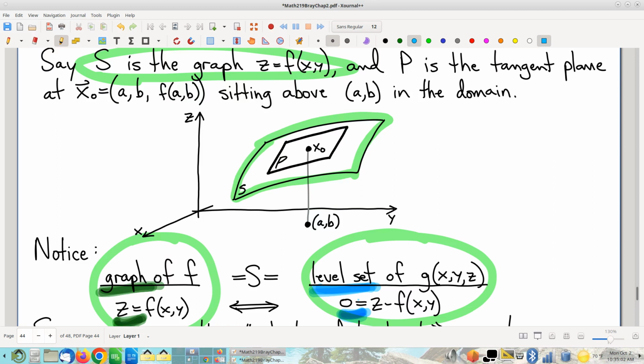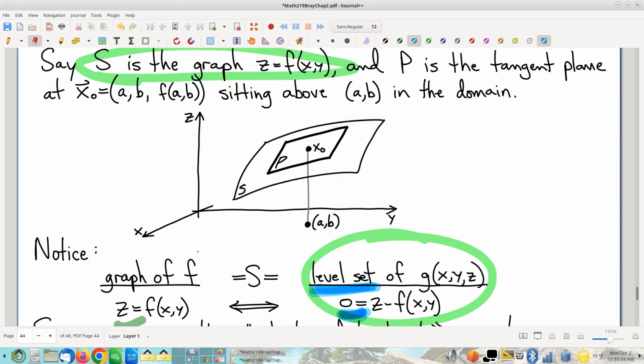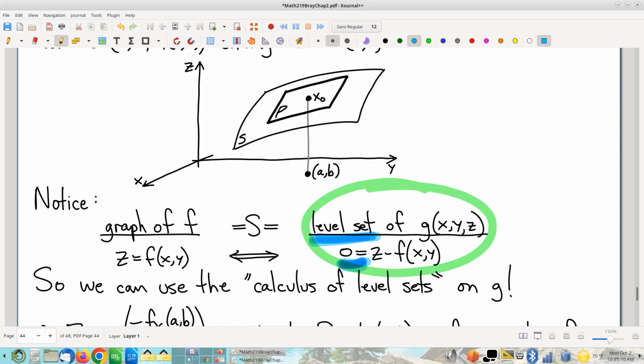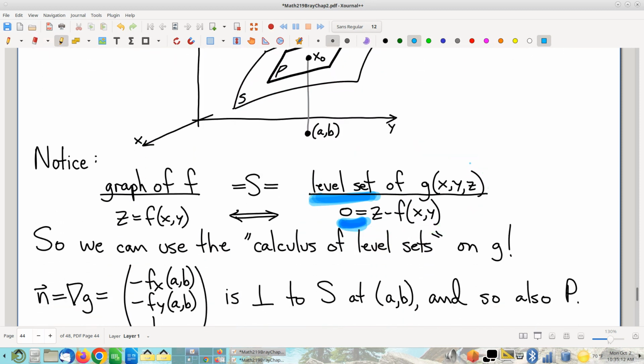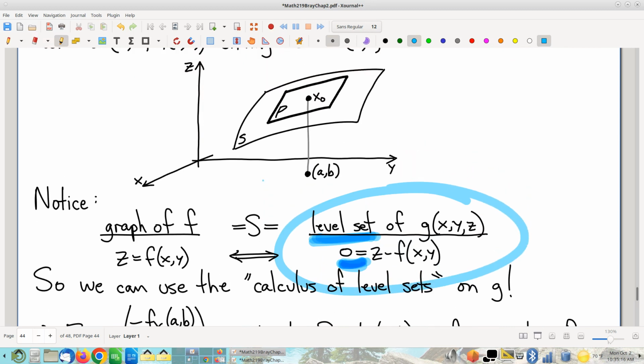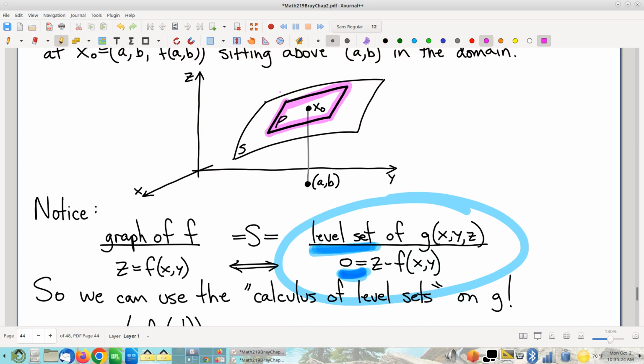So with all of that setup having been done, I'm now going to completely abandon all this graph point of view. We have a surface here that is a level set. I'm interested now in finding the equation of a tangent plane to a level set. How am I going to find the equation of the tangent plane? Well, I'm going to need to find a normal vector to that tangent plane.